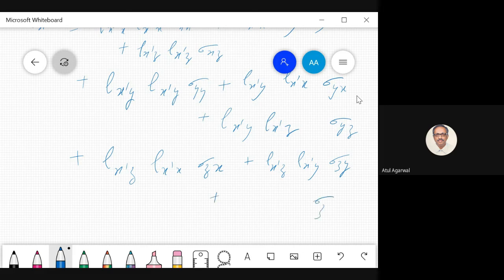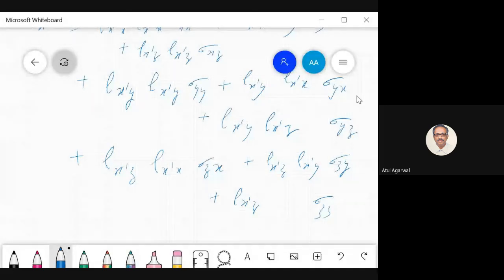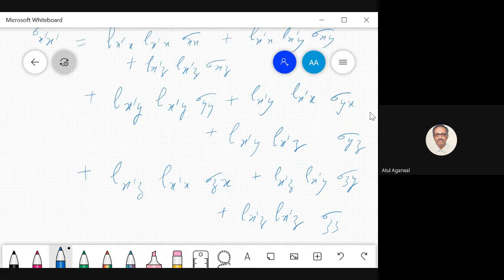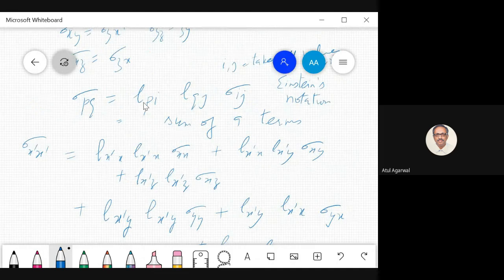Third term is sigma ZZ. Can you see how I made the permutations? You have to just try it out. It's not difficult to do.